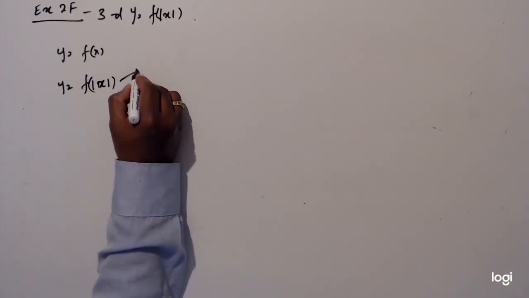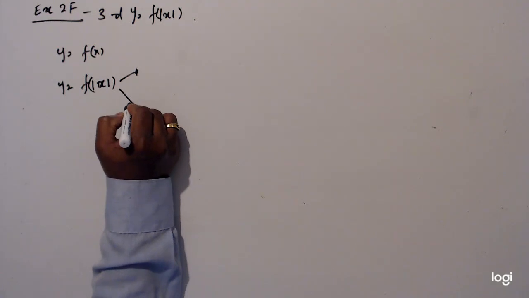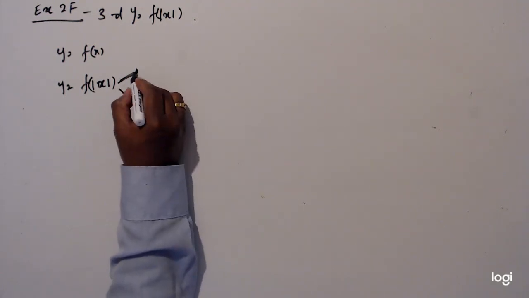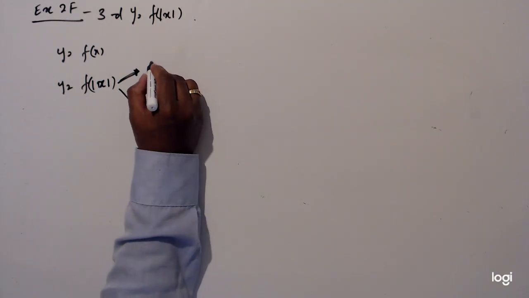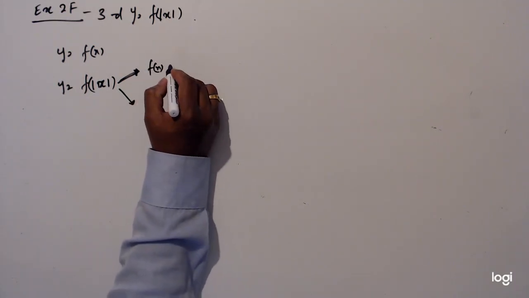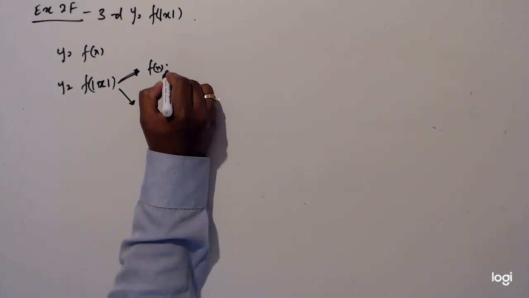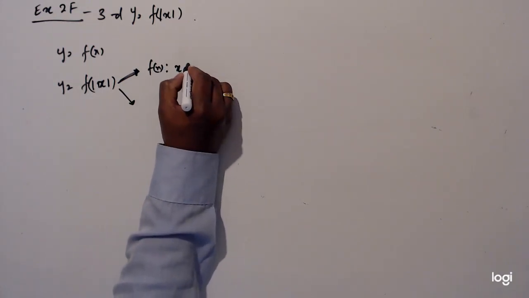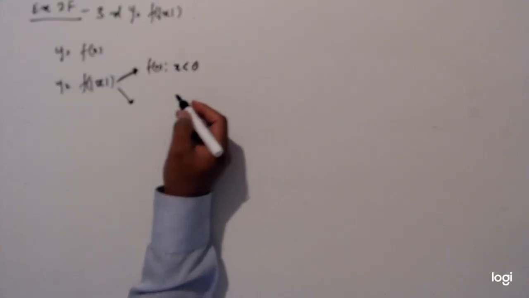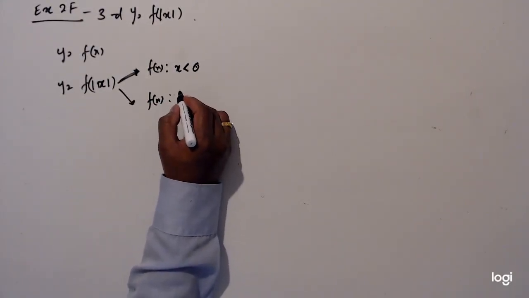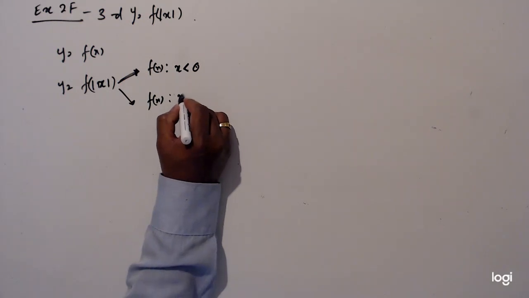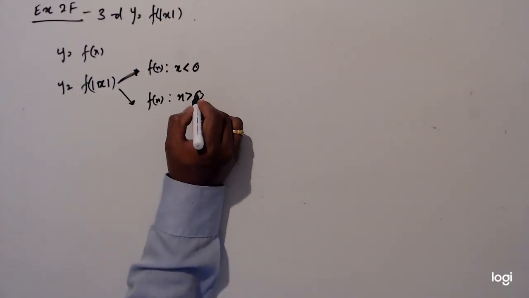So there are two, we are divided into two parts. f(x) value, f(x) graph when x less than 0 and f(x) graph when x greater than 0.